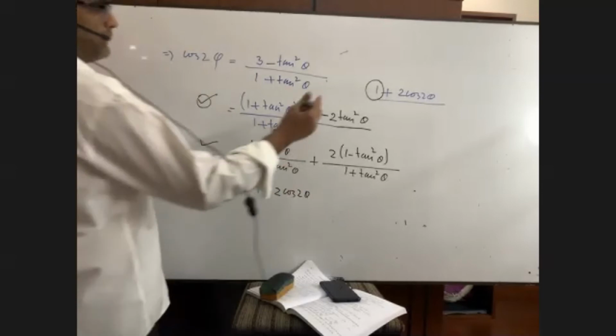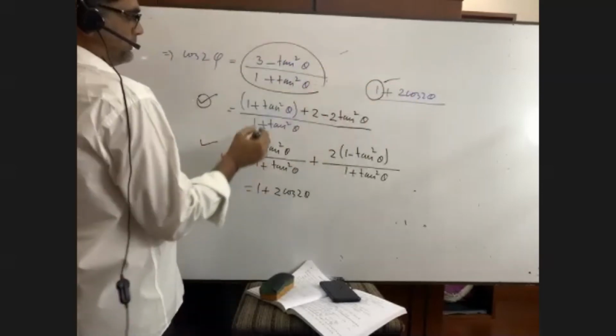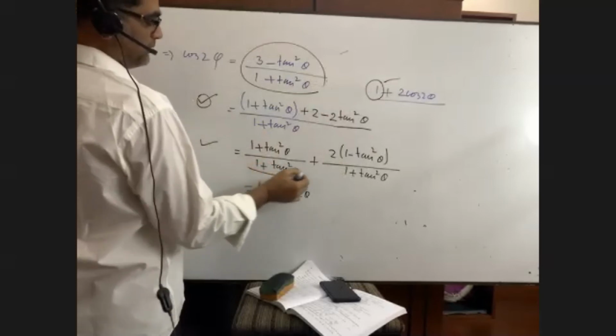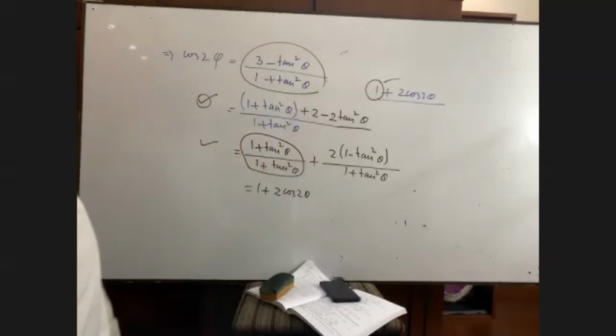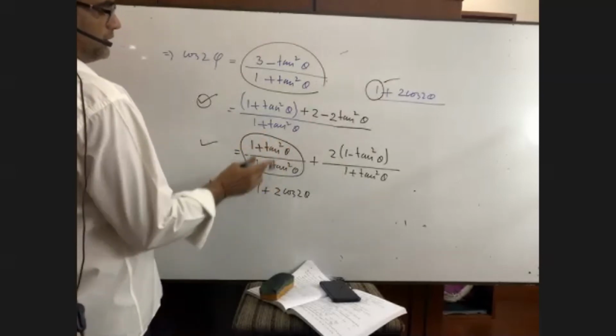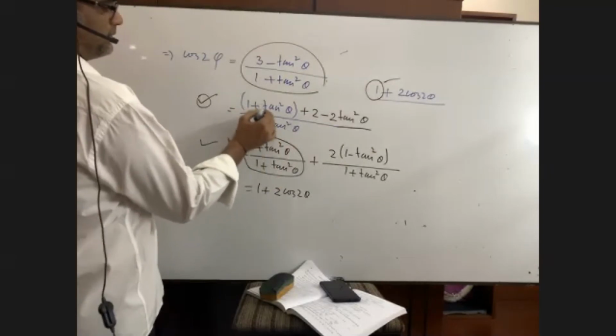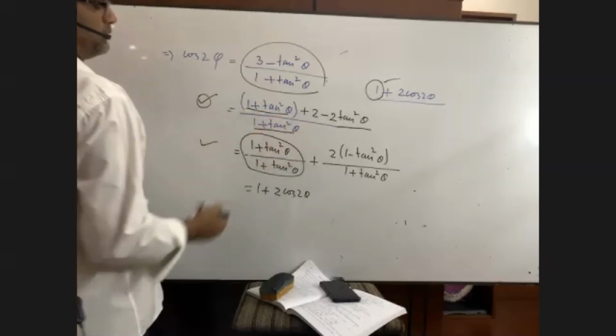In the right hand side there is 1. From here we can get 1 if this kind of pattern is obtained, because this is equal to 1 by cancelling. So I have taken this and this same. What is given here and what is given here will be same.